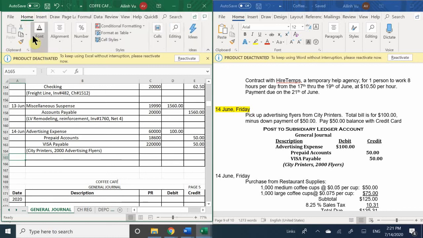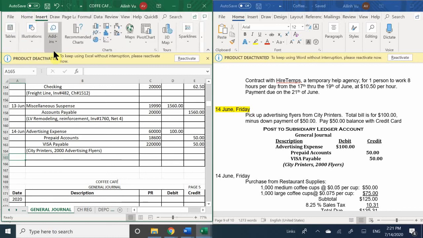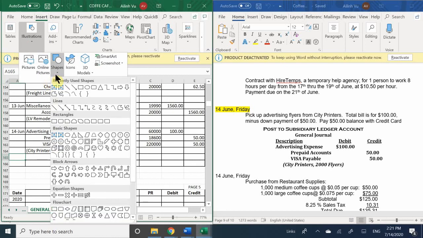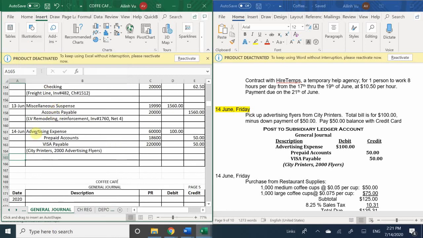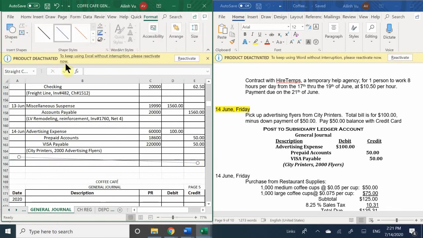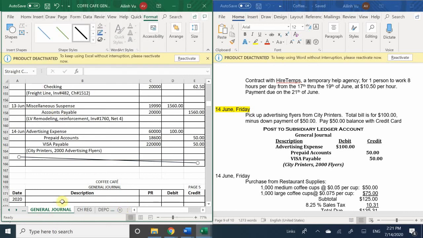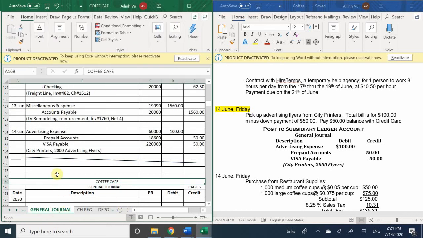So let me go insert, shape. Yeah, I'm gonna draw a line from here all the way over here. Okay, so no one can enter anything in there.